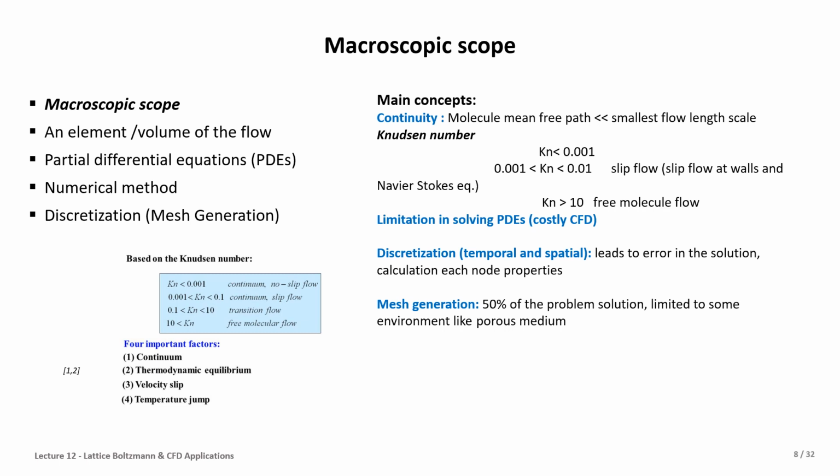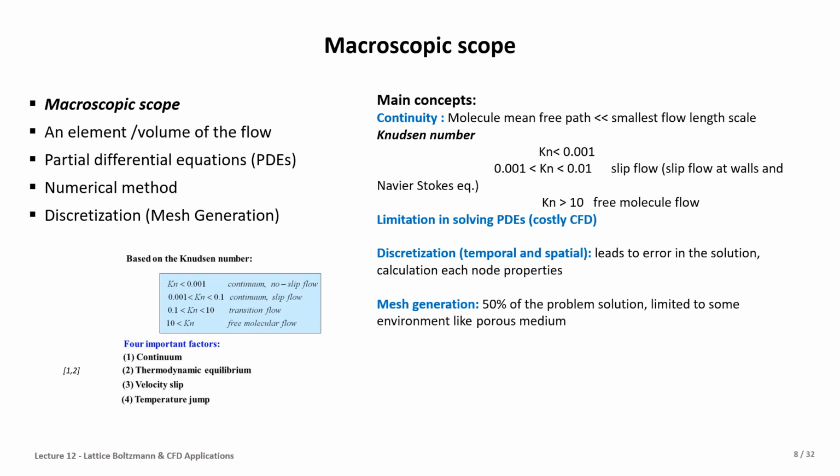And there is the Knudsen number, which, based on its range, makes the flow behave differently. For example, when the Knudsen number is between 0.001 and 0.01, it is called slip flow, and this condition is used in the Navier-Stokes equation.